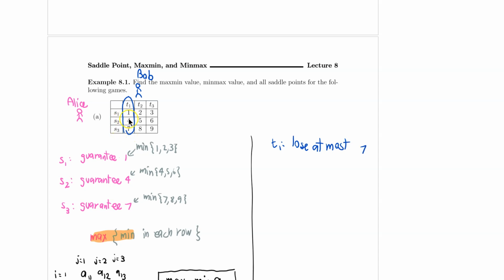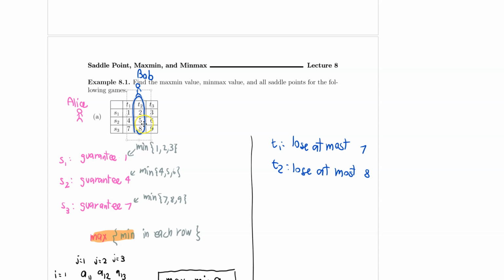In the worst scenario, he will lose $7. Now he does the same reasoning with T2. If he chooses T2, he can see that he's either going to lose $2, $5, or $8. So the worst case scenario is that he will lose $8. Lose at most $8.